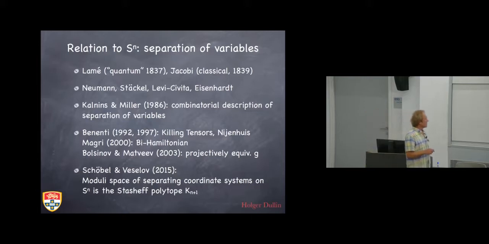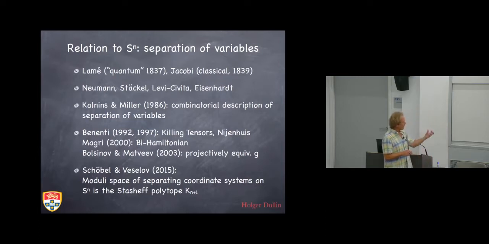Then the story continues: Neumann, Stäckel, Levi-Civita, Eisenhart. I don't really have time to go into the history of separation of variables. I will talk a little bit about Stäckel, a little bit about Eisenhart. But the modern story really starts with Kalnins and Miller, who came up with this combinatorial description of separation of variables, which is essentially these trees that I showed.